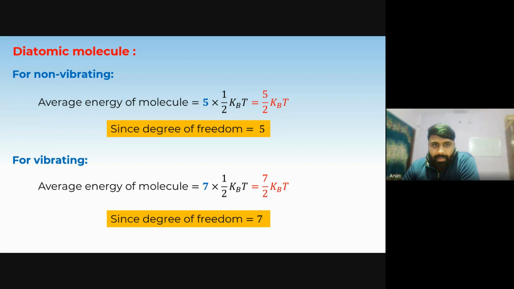Now, you will remember this. For a non-vibrating diatomic molecule, the degree of freedom is 5. For a vibrating diatomic molecule, the degree of freedom is 7. So for total energy, you have to multiply the degrees of freedom with 1/2 kBT.